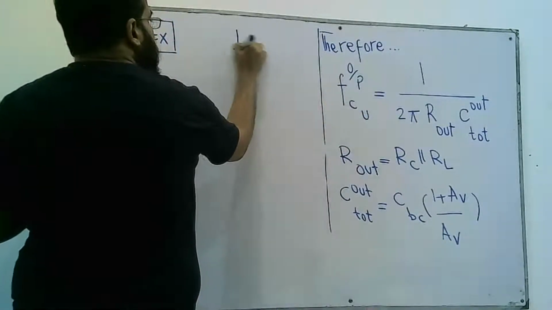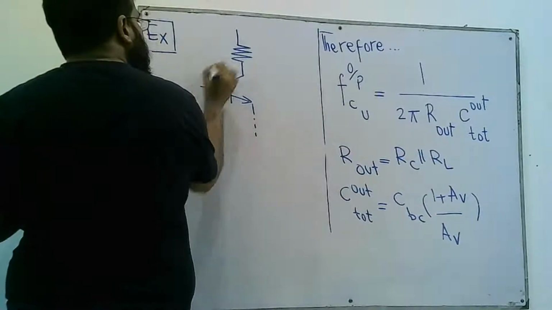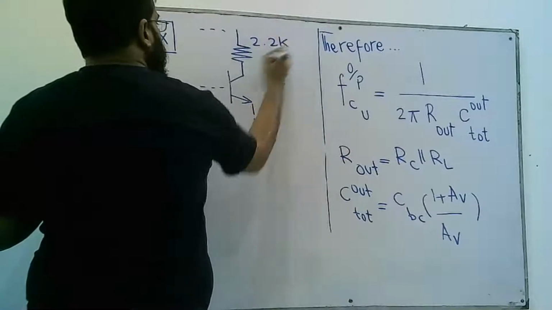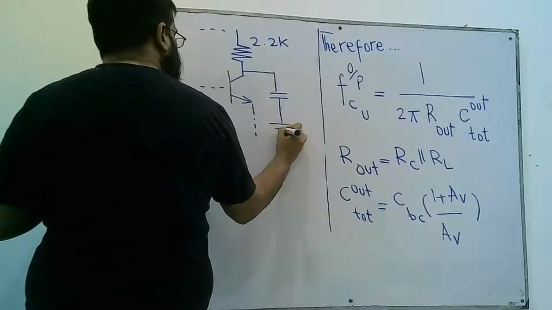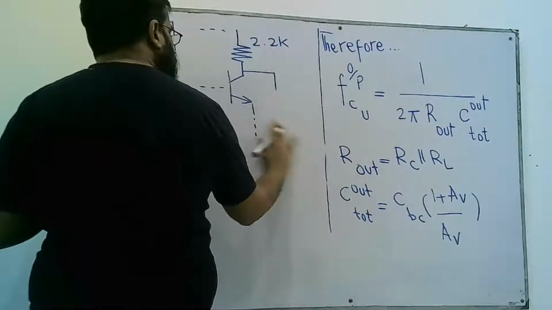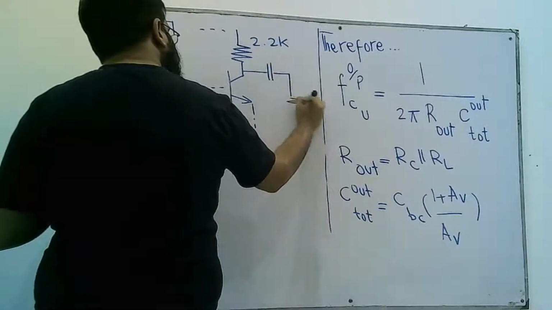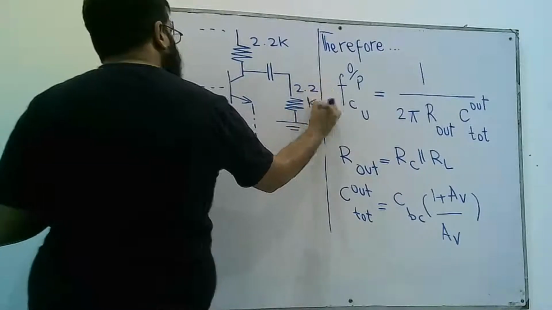Here we have this. This RC is 2.2K. And RL is also 2.2K.